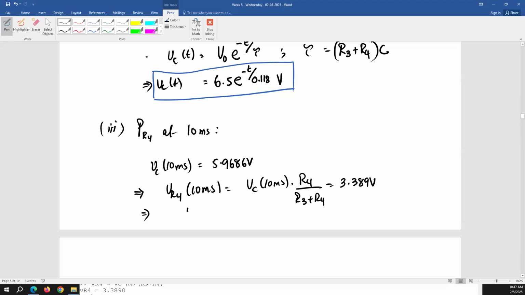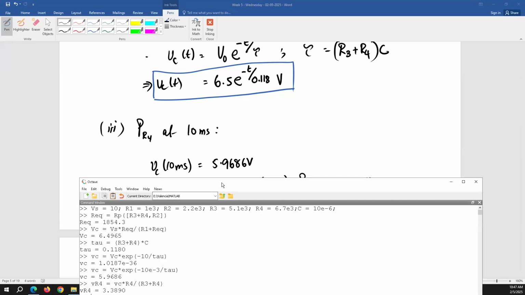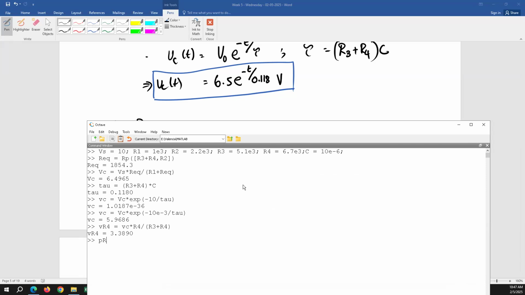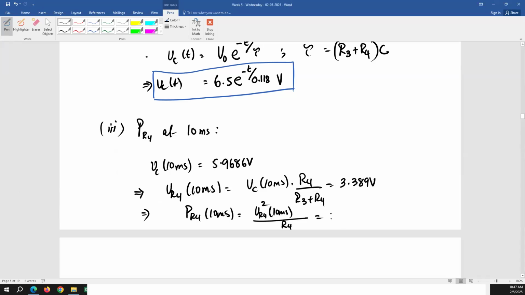And that will give us power in R4 at 10 millisecond, which is going to be VR4 at 10 millisecond squared divided by R, V square over R. Our R4 is VR4 square over R4, which is 1.7142 milliwatt.